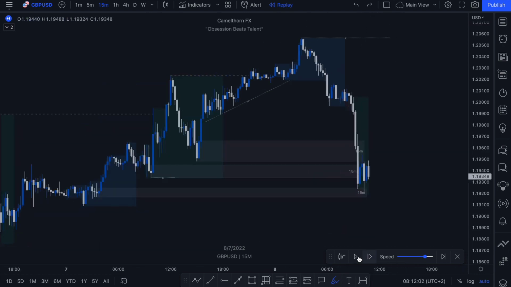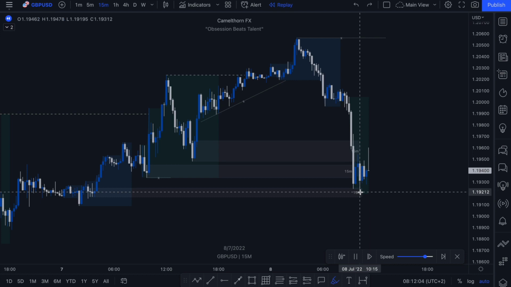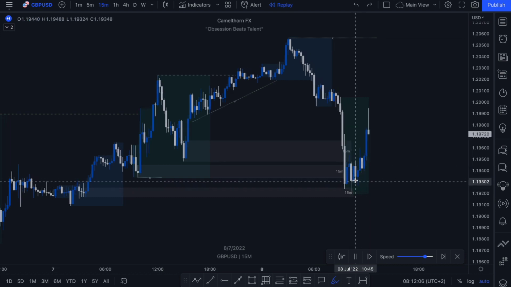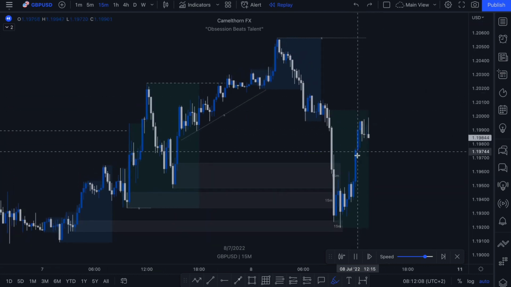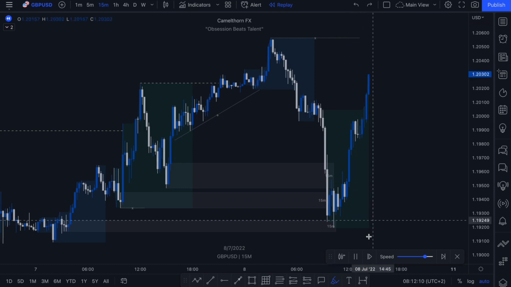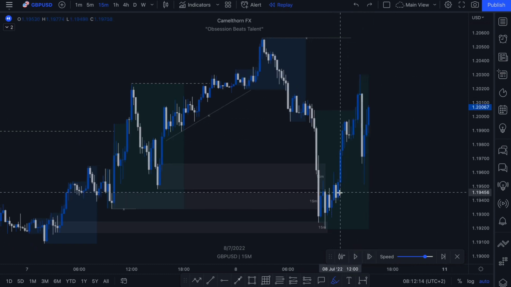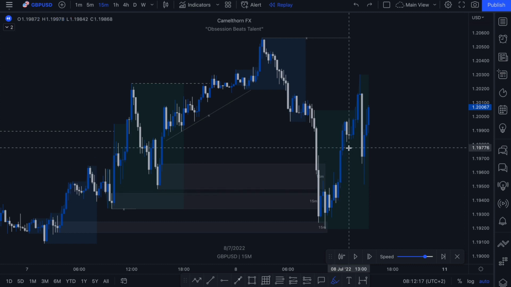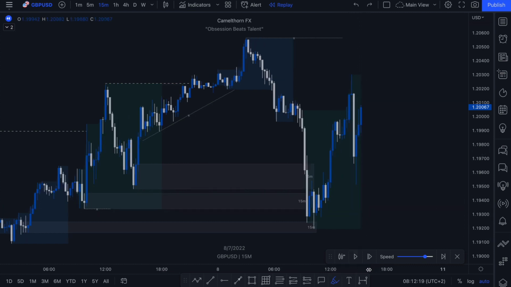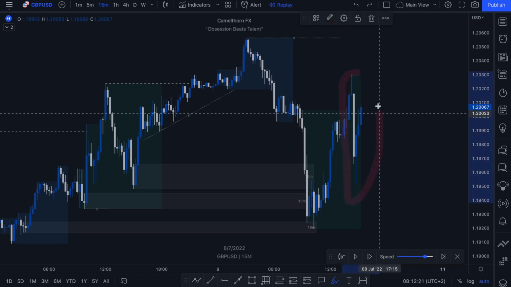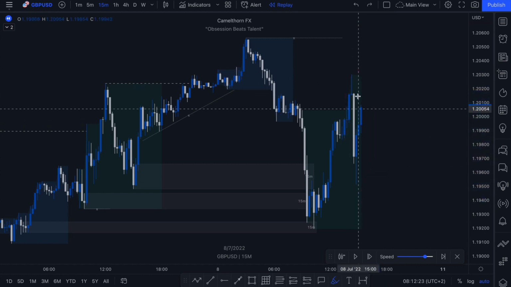Okay, and then after that particular mitigation occurs, what do you see? Price action then steadily begins to push up, right? And it just so happens that this particular push up happens more or less around the time that your New York session opens. Now, granted, this was an NFP week, so we had NFP in here, right?